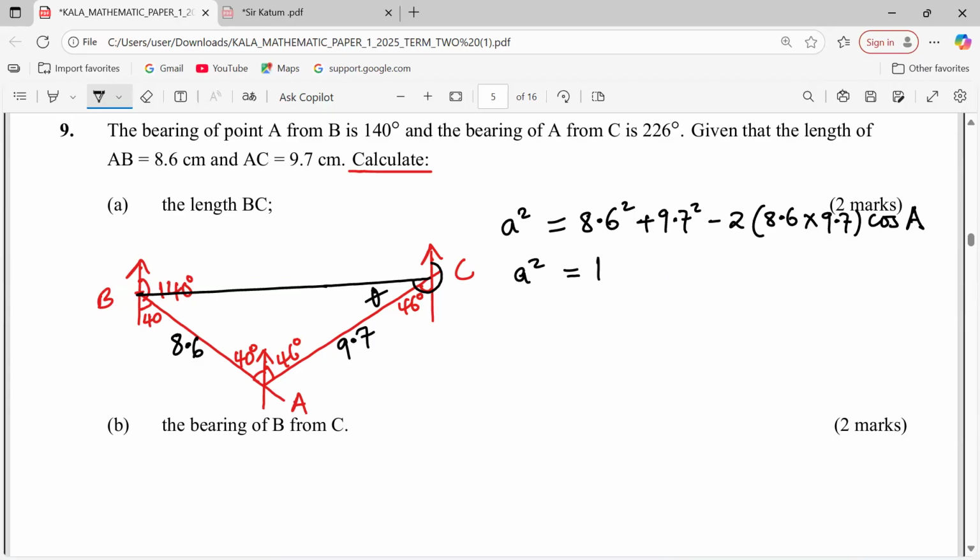That gives me 168.05 minus, okay, the angle at A is also known, sorry. So instead of leaving it like that, it could be our angle of 86 as already displayed. So 2 times 8.6 times 9.7, the cosine of 86.